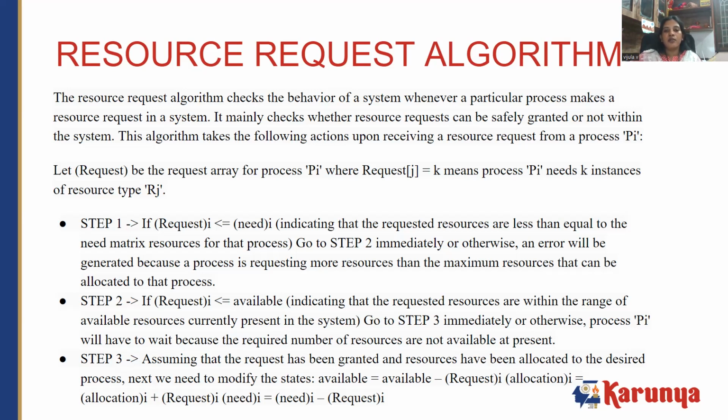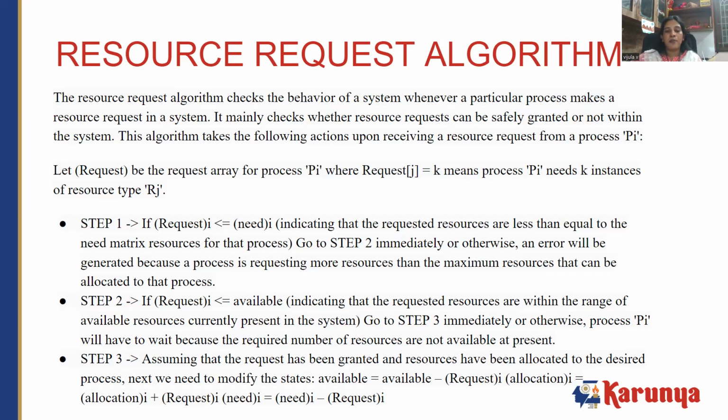So we'll begin with the steps. For step 1, the request should be less than or equal to the need matrix resources for that process, so we go to step 2. Otherwise, an error is generated because the process is requesting more resources than the maximum it can be allocated.